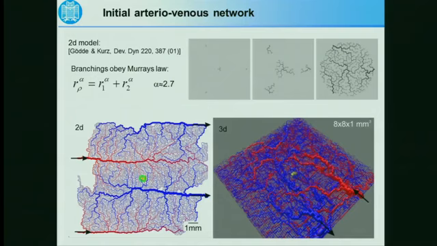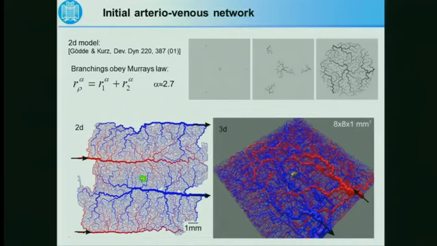Okay, and then you need an initial network. Of course, when we started this 6 years ago, I started with a square lattice. And then, when you try to induce a blood flow into a square lattice, you get all kinds of artifacts, namely a global flow, for instance, from the upper right corner to the lower left corner.